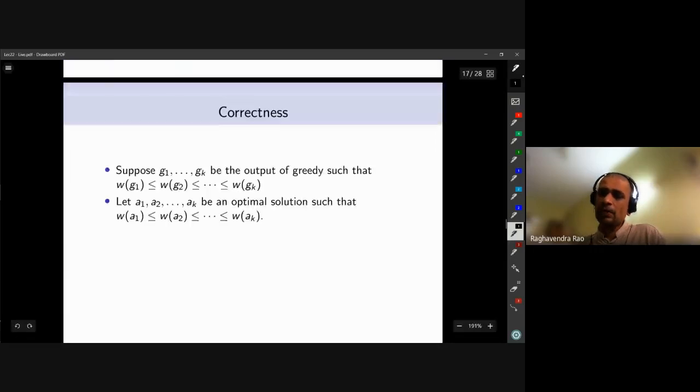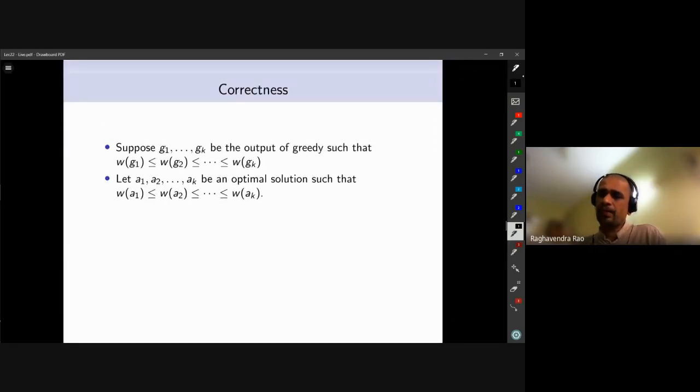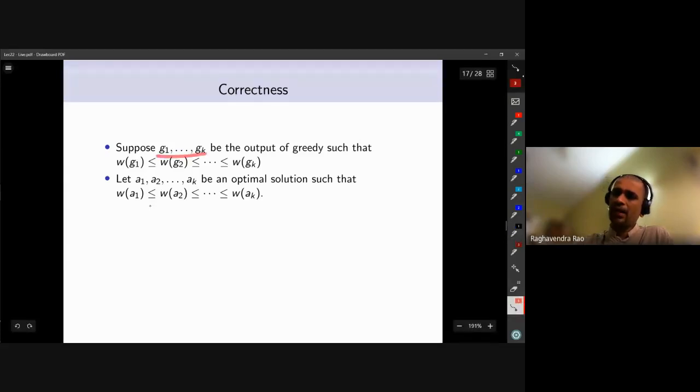Now take any optimal solution. One quick thing: will the number of elements in my greedy output and in the optimal solution be any different?